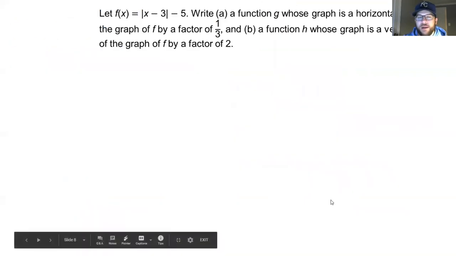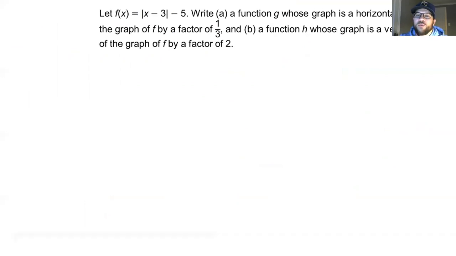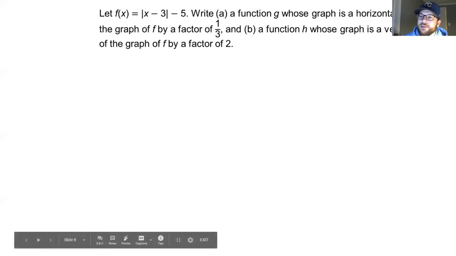So looking again at an absolute value, you have |x - 3| - 5, and we're writing a function that is a horizontal shrink by a factor of 1/3. And then for part B, writing a graph that is a vertical stretch by a factor of 2.